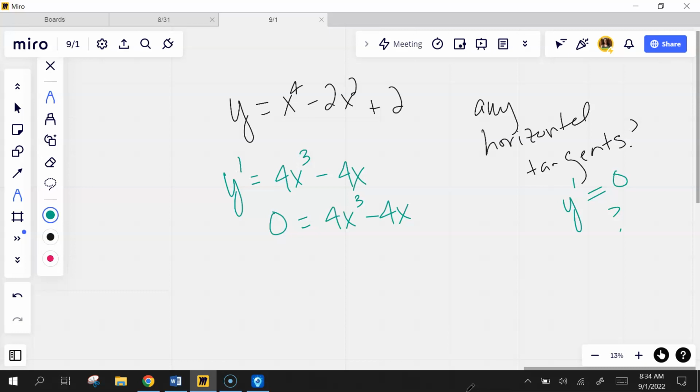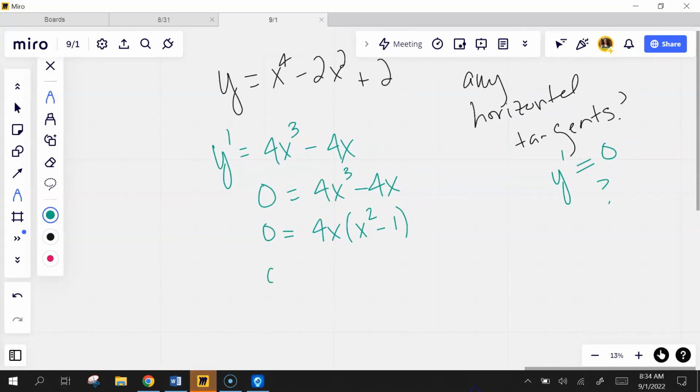Yeah, how do I solve that? Factor out 4x, it leaves me x squared minus 1. That's a difference of 2 squares. So in fact, how many horizontal tangents does this graph have? 3.